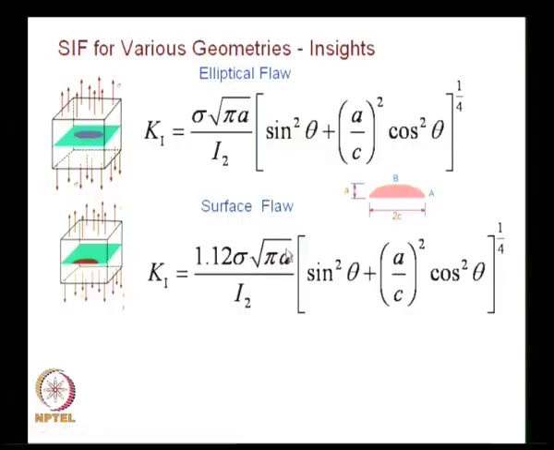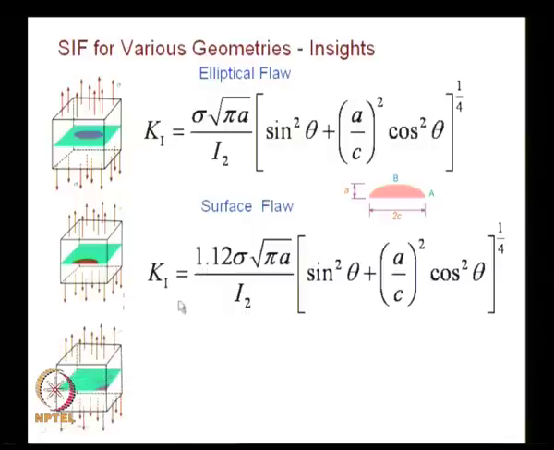Later on we improved upon a definition of crack length modified for plasticity correction. Then we had also looked at empirical relation of Newman and Raju, but basically you have to recognize, compared to an embedded elliptical flaw, a surface flaw is a little more dangerous.